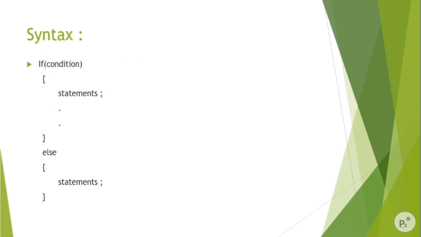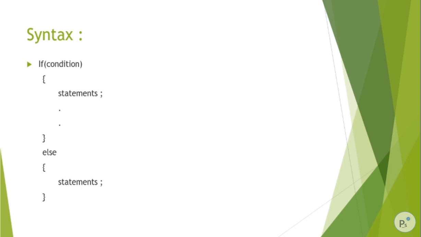So let's understand the basic syntax. We are going to see this in the actual code too. A silly mistake to avoid: the if should not be capital, it's a small if.